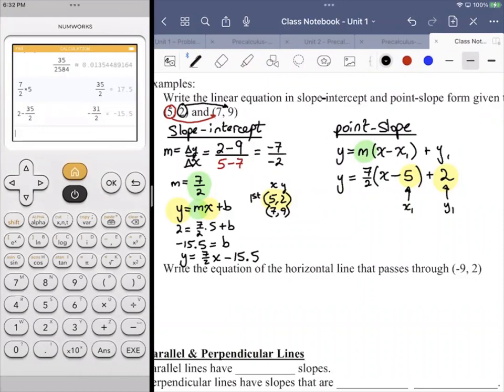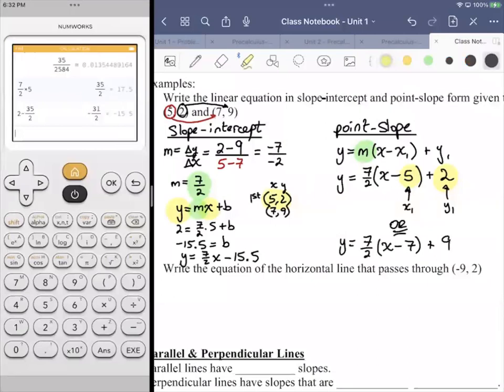This is my second coordinate, but who's to say that we're looking at it from the same perspective? If you wrote down 7,9 first and then 5,2, maybe the 7,9 is your first coordinate. Bottom line is, it doesn't matter. I could use either of the coordinates here, in which case I could also get an equivalent equation, x minus 7 plus 9, with the slope 7/2.